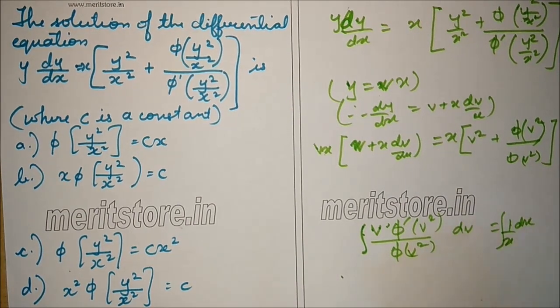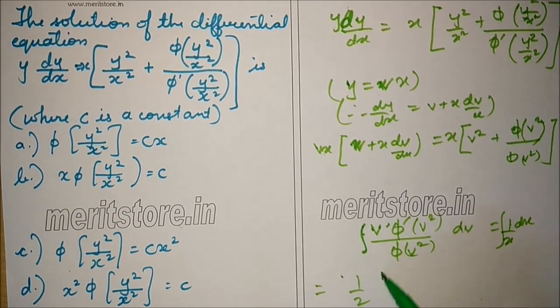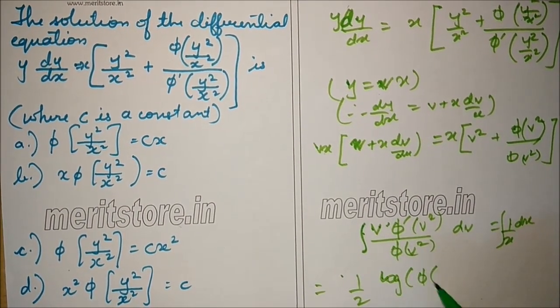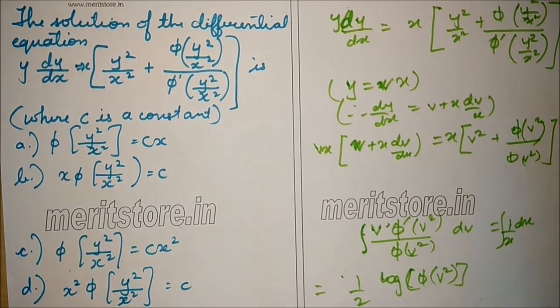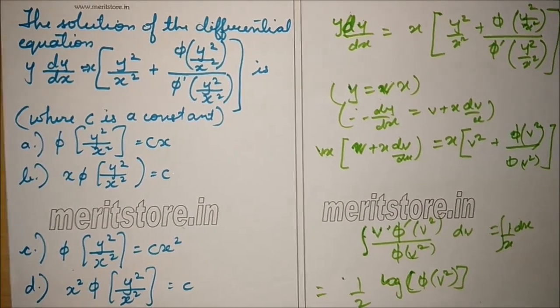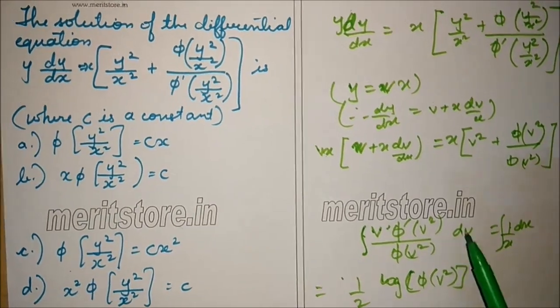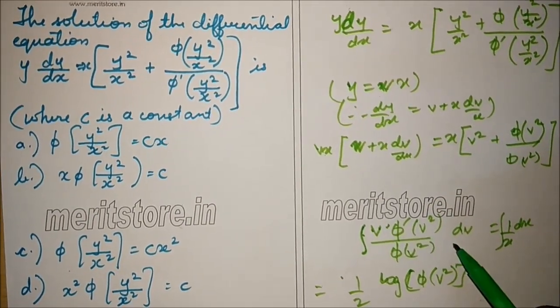So we'll be getting half log phi of v square, since the numerator is a derivative of the denominator.